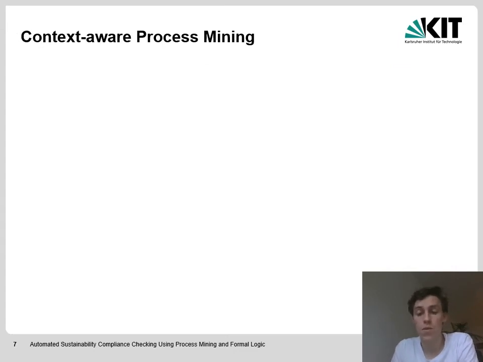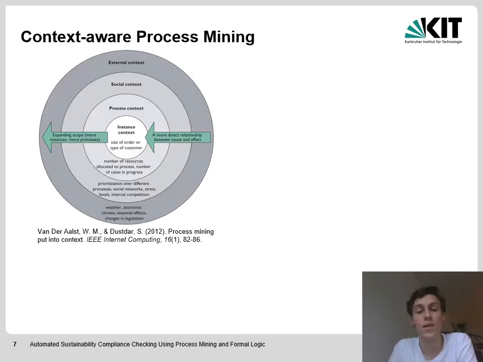So in order to ensure that the sustainability rules are followed, we cannot simply look at the process. We also need to have a look at the context, and how this context could look is demonstrated here by a paper from Van der Aalst and Dustdar from 2012.